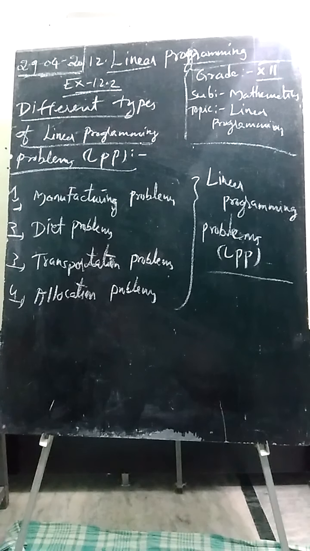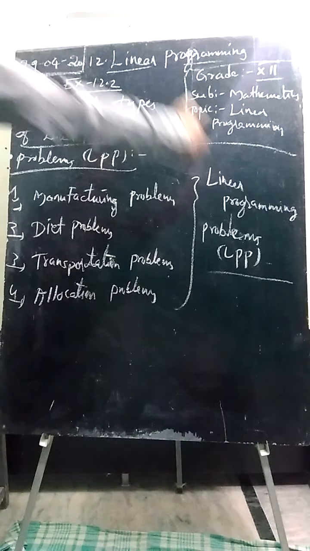For manufacturing or transportation problems, it is minimum cost spending and maximum profit. For diet problems, minimum cost spending and maximum vitamins or carbohydrates. For allocation problems, we need to keep minimum expenditure and complete in minimum time. Like that, it is all linked with linear programming problems.